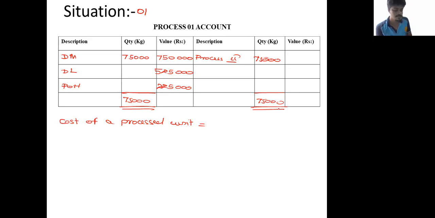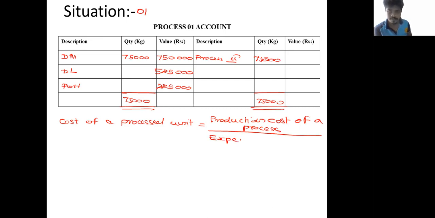Cost of a processed unit equals production cost of a process divided by expected units. I will come to this expected units concept. Here expected units, in this particular case, is 75,000.